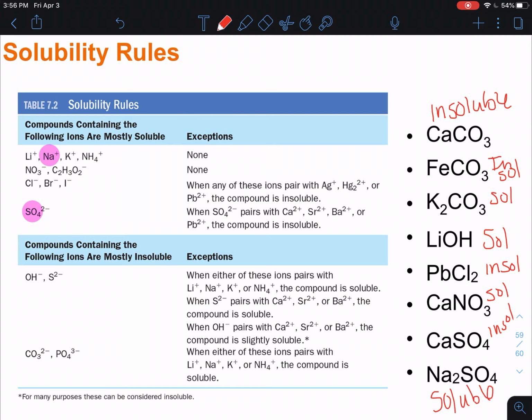You always look at the rules, and then you'll always make sure that you look at the exceptions. And if you have one rule telling you that the compound is going to be insoluble, and another rule telling you that the compound is going to be soluble, solubility always trumps, or overrules, I should say, insolubility.